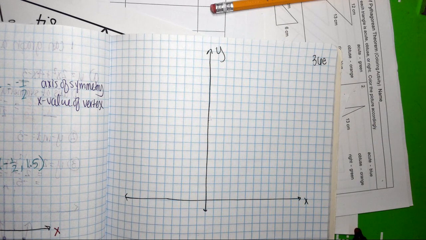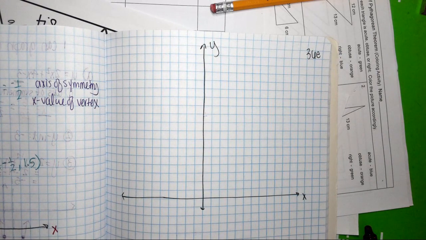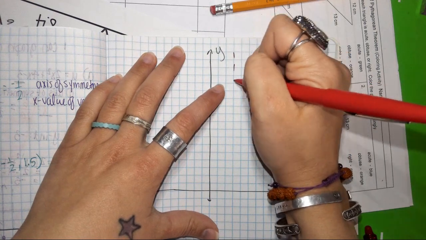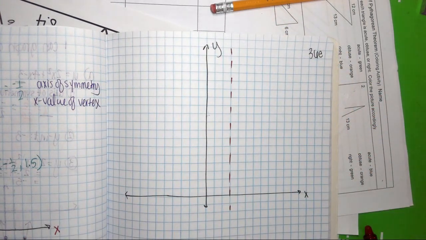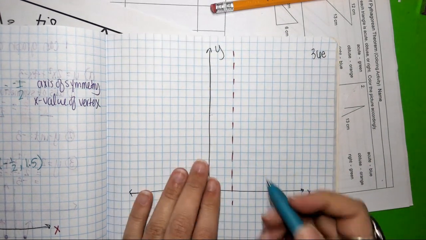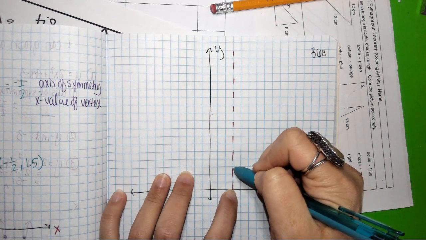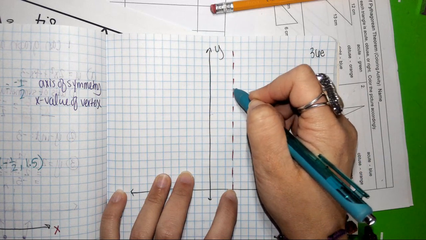Now we need to first plot our axis of symmetry, which was at 3. So we go right 3 and draw a vertical line. Then we need to plot our vertex, which is 3, 13. So go right 3, up 1, 2, 3, 4, 5, 6, 7, 8, 13.